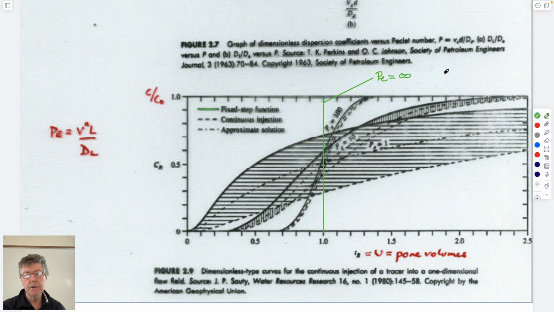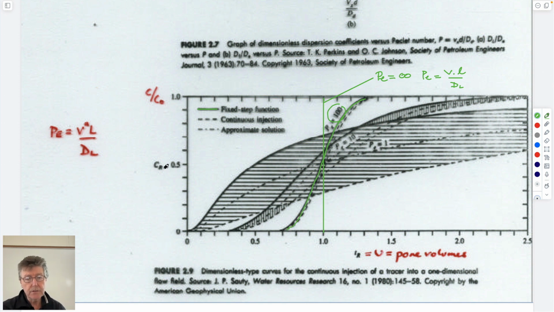And Peclet number, just by definition. If a Peclet number is equal to 100, which is what this is, then this is the curve here, the solid curve that comes down here.